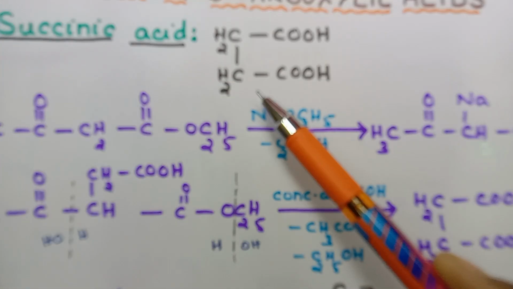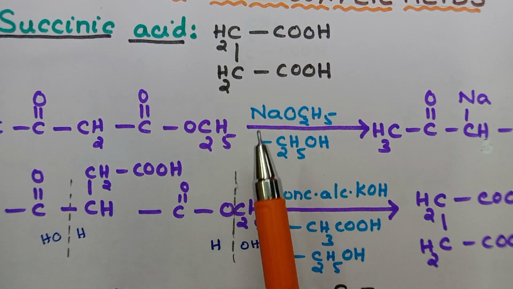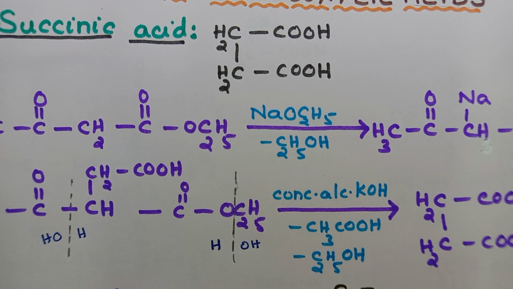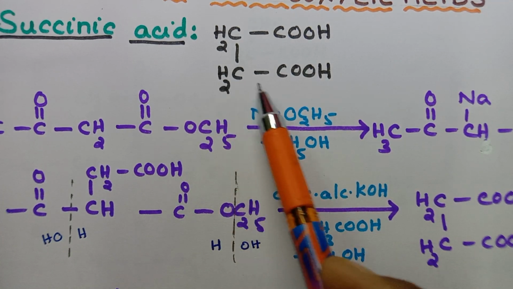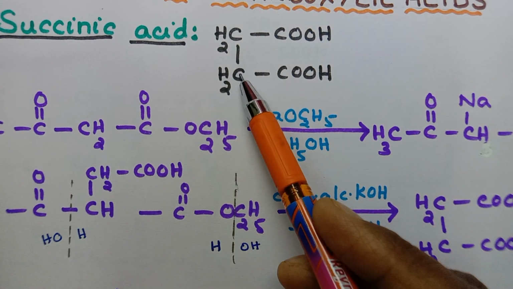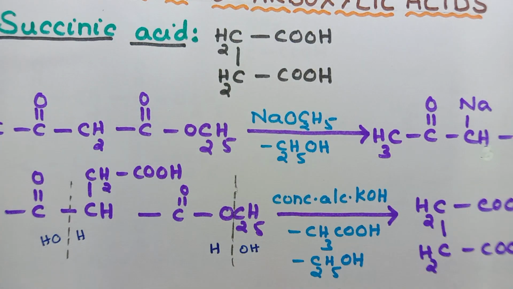This is the compound which is to be prepared, right? From hydrolysis, this CH2COOH part will be obtained, and whichever group is attached to this carbon, we need to introduce that group.